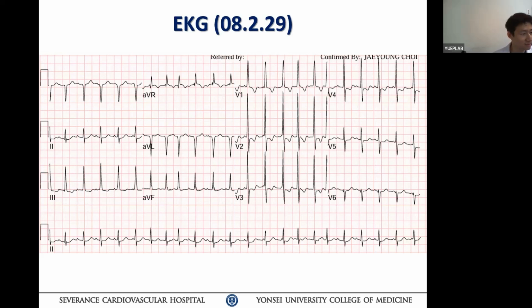Okay. Dr. Sop? Maybe it's isorhythmic dissociation, and I think some P waves are inside the QRS. Yeah, I'm not sure.